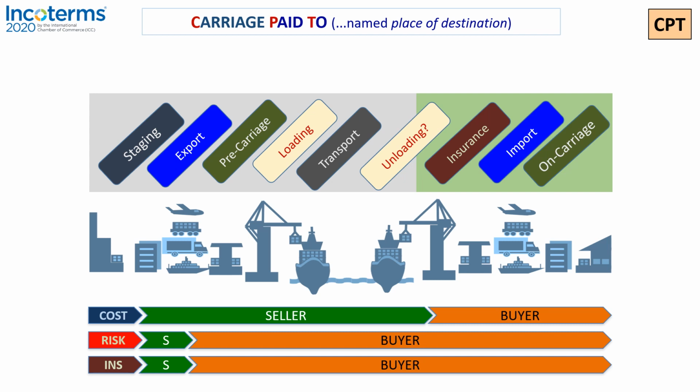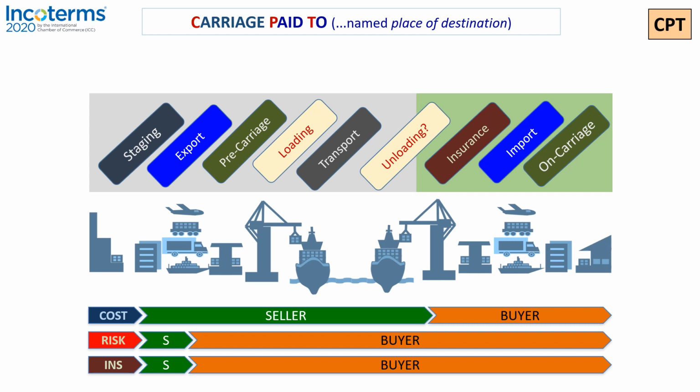But imagine a situation where it is a break bulk cargo, where the unloading is also included in the sales contract, and therefore the seller takes the responsibility while contracting for the carriage to say that, yes, I will ensure that the vessel which I am arranging will offload the cargo and keep it at the port, in which case the unloading charges will be included by the seller in their pricing and they take the responsibility for that.